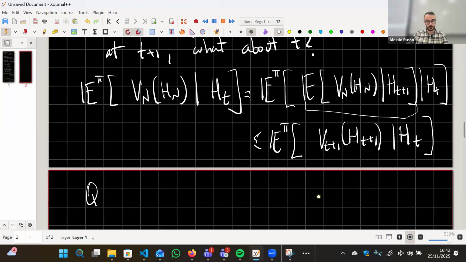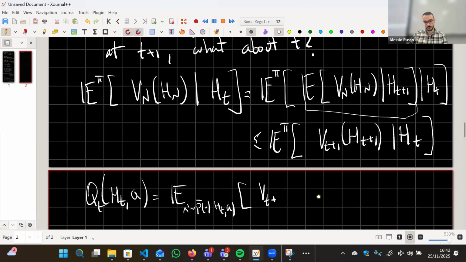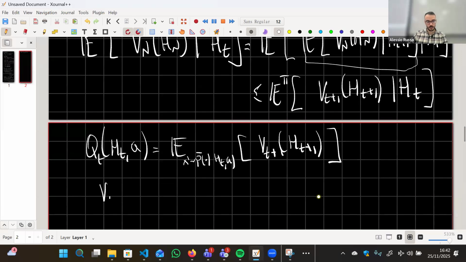So remember that Q t of h t, a is equal to the expectation, and we also know that V t is defined as the maximum over actions of Q t of h t, a.